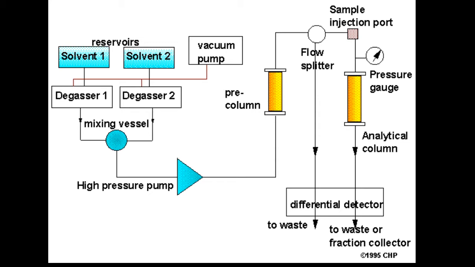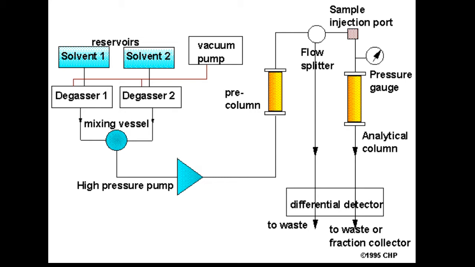Now the first one, the reservoir. The reservoir is made up of either glass or stainless steel. It has various capacities from 200 ml to 1000 ml. It is also equipped with a degassing system. We will discuss this later.